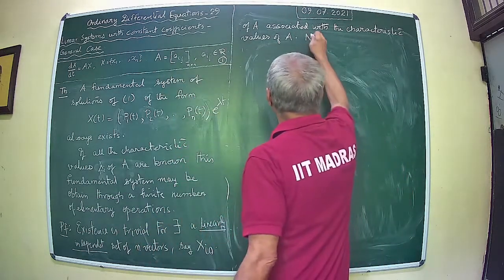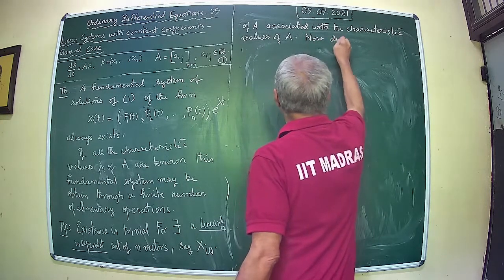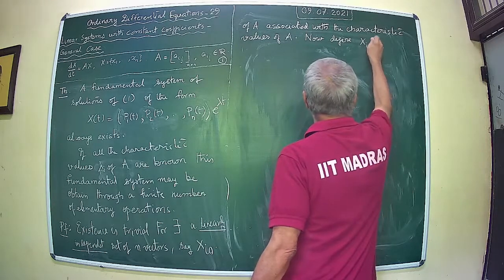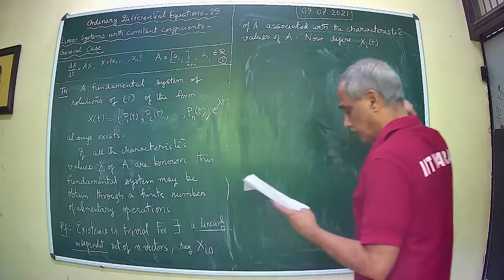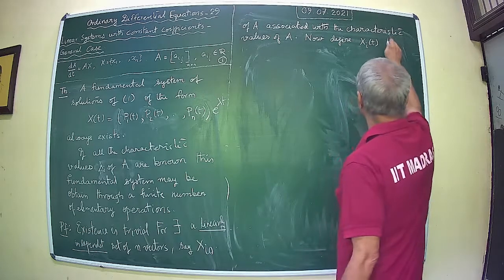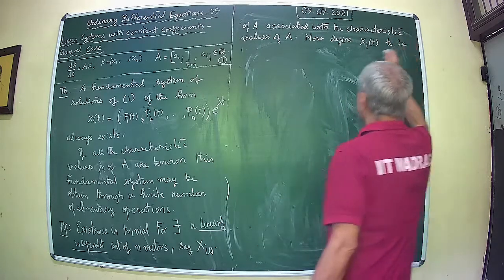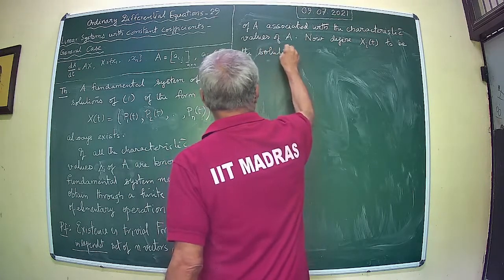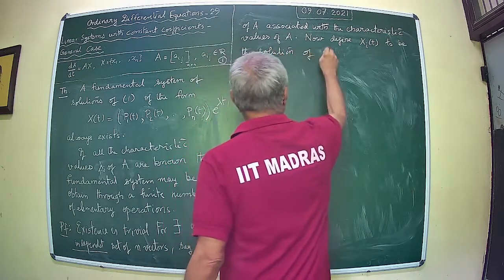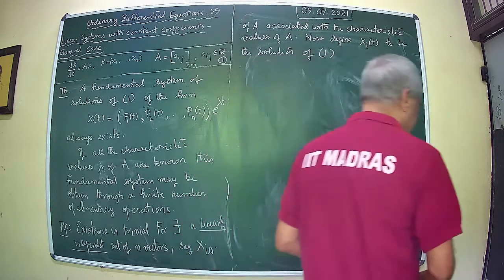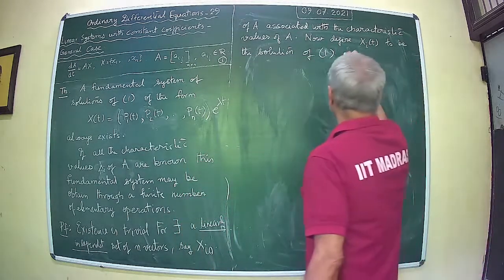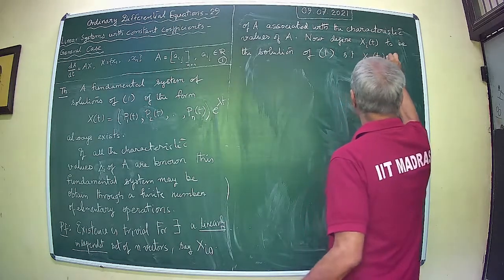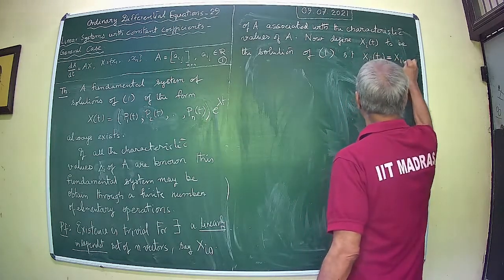Now define xi t to be the solution of equation 1, that is dx by dt equal to Ax, such that xi t naught equals psi naught.